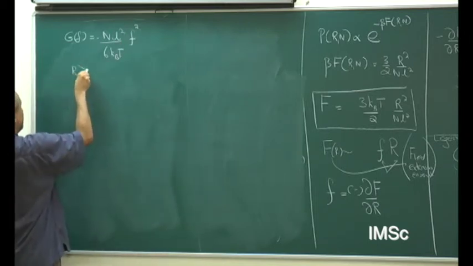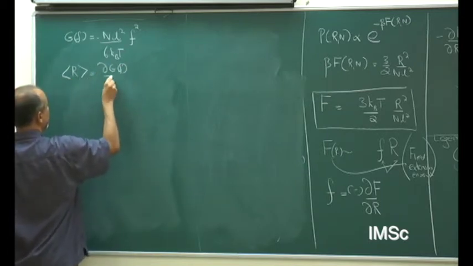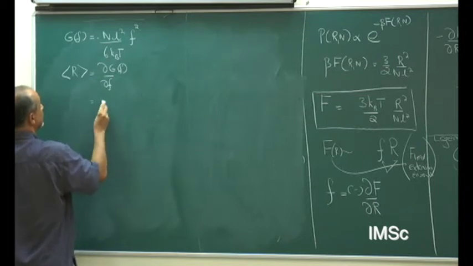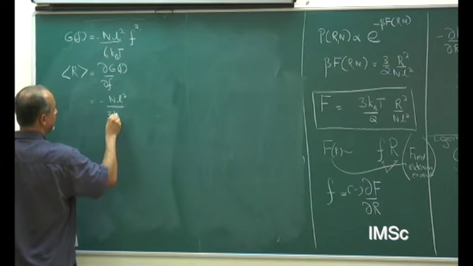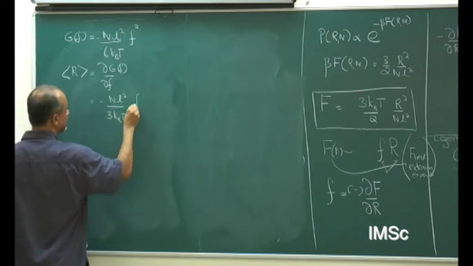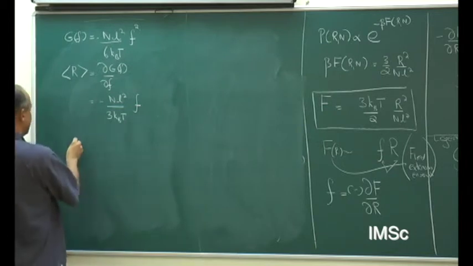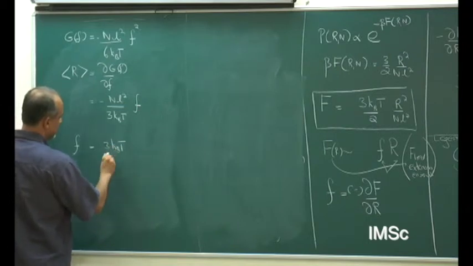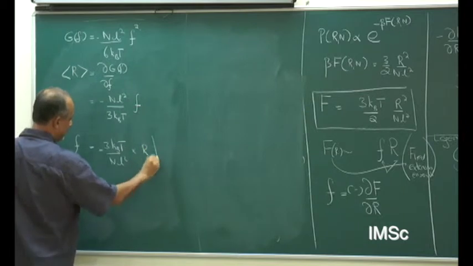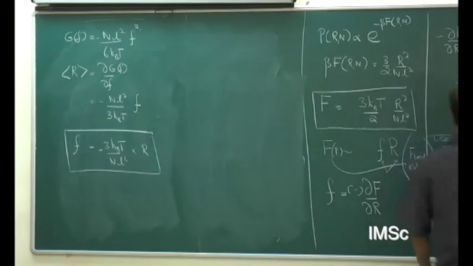So from here, the average value of R is delta G of F by delta F, which is minus N L squared divided by thrice kBT times F. Now I can invert this to get the relationship between F equal to thrice kBT divided by N L squared with the minus sign times R, which is the same relationship that I had here.